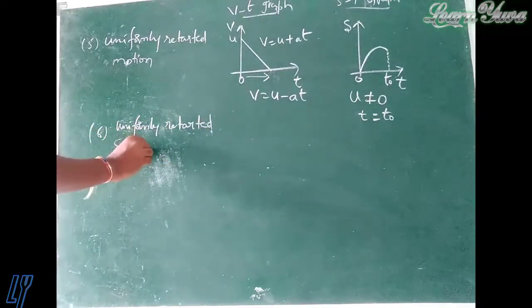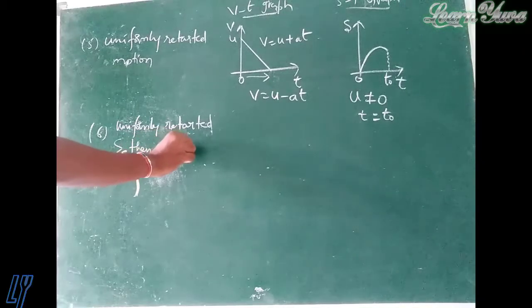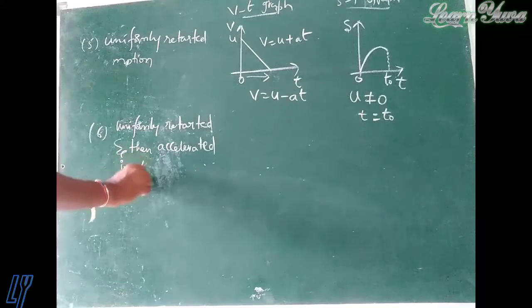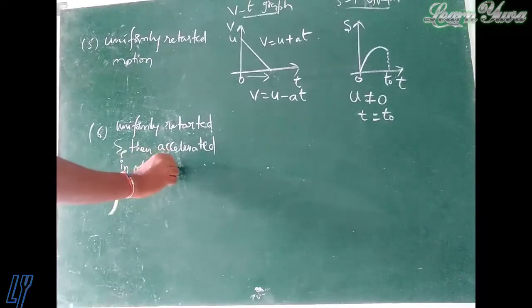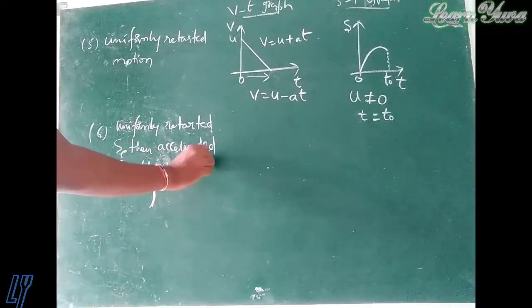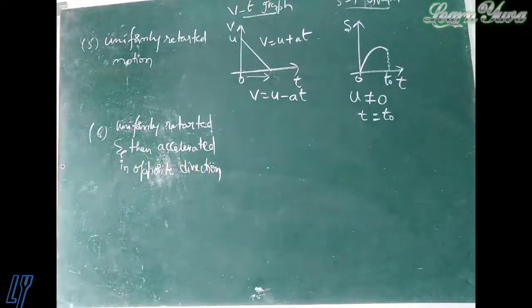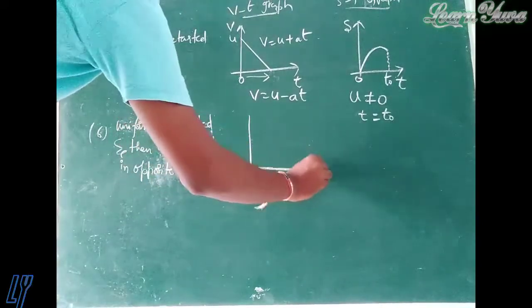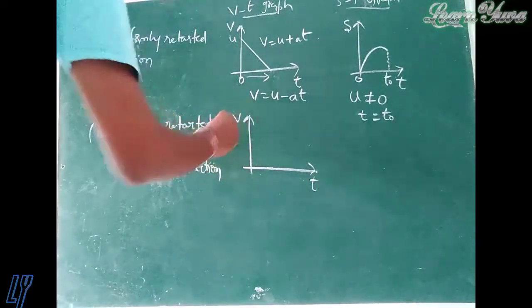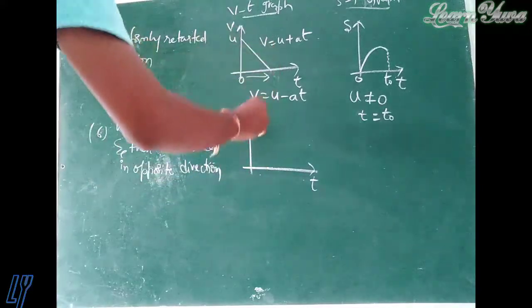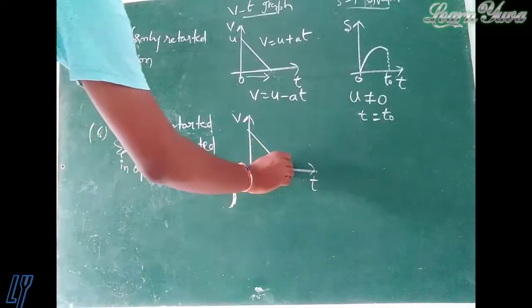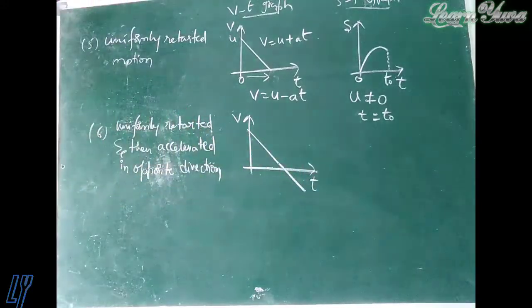Displacement, velocity, time. Uniformly retarded means the graph will be like this, and then accelerated in opposite direction means the graph goes on increasing.